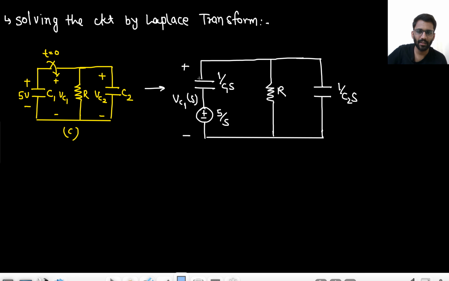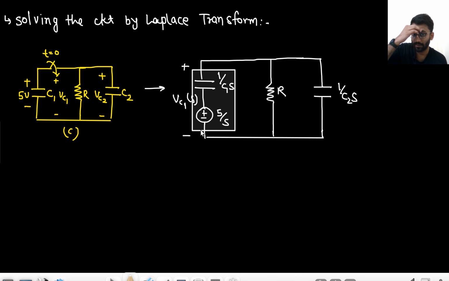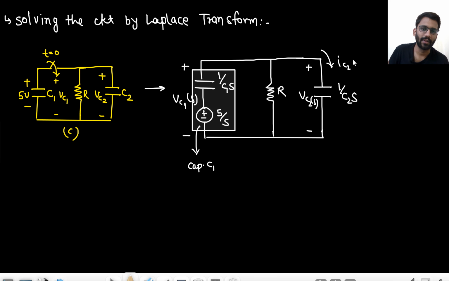This complete one is your capacitor C1. This is resistance R, this is C2. So this will be your VC2(S). This will be your actually IC2(S), and this will be your IC1(S).